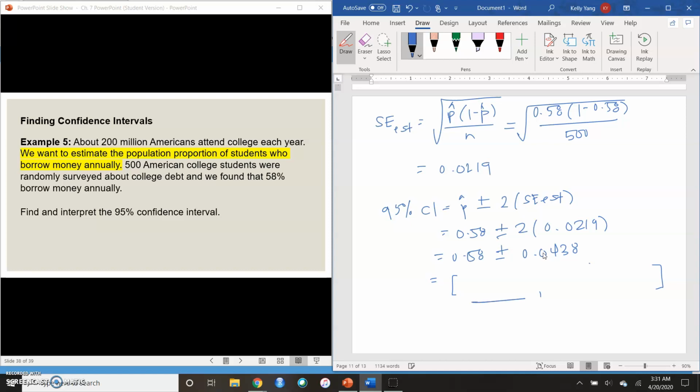The first number is the lower bound and the second number is the upper bound. The lower bound comes from taking 0.58 and subtracting the margin of error. Remember that the margin of error is the z times the standard error estimated, which in this case is 0.0438.